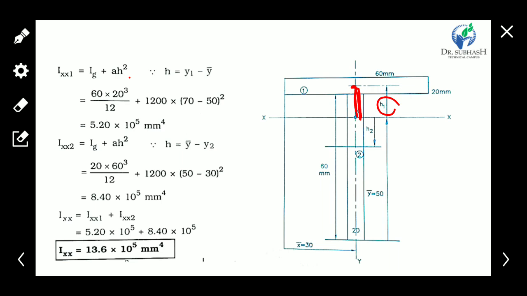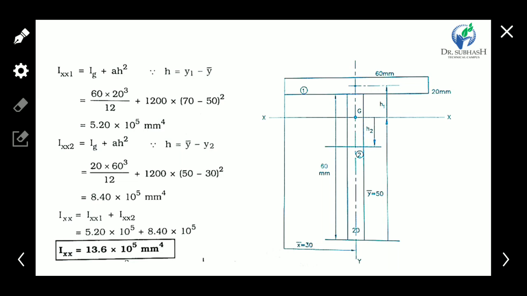So for the sake of easiness, we define h1 here and h2 here, so it is easy to calculate and differentiate the value of h. We have to find the h1 distance from the CG of this rectangle to the total CG of the compound section.